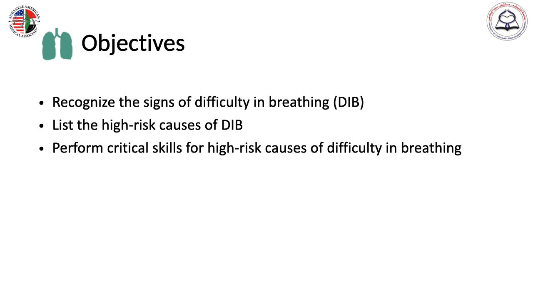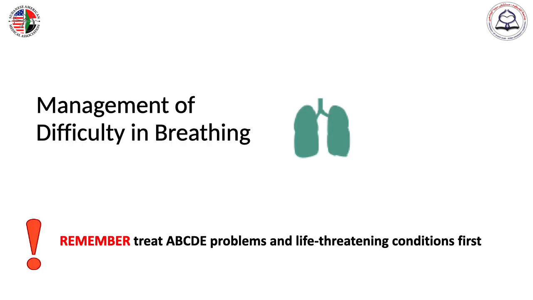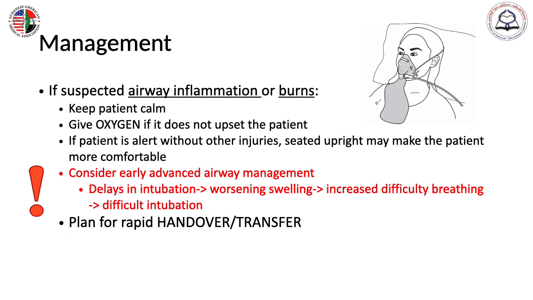We have discussed the symptoms, SAMPLE: symptoms, signs, allergy, medication, past medical history, plus last oral intake and events surrounding, and then we discussed the physical findings you're going to see in the secondary survey. Now we will highlight some management of important causes of difficulty in breathing.